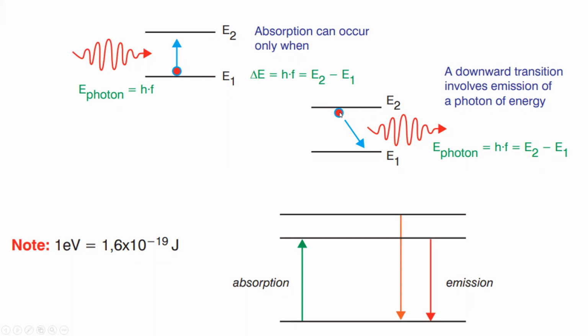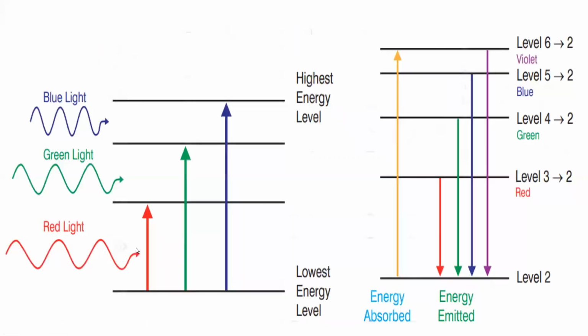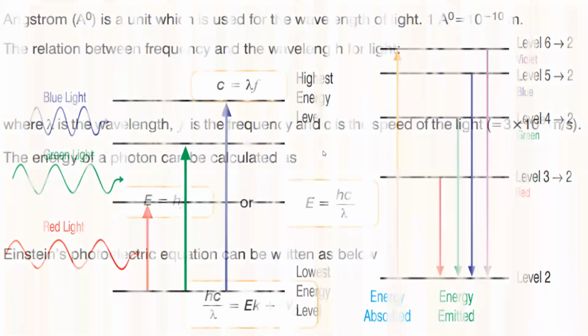Remember that. And then when electrons go down from a higher level to a lower level, they produce light. So now it is coming with different colors, and the temperature is increasing now, so we get these colors. From the lowest level, red color; the highest one is blue color. Just remember these colors also.